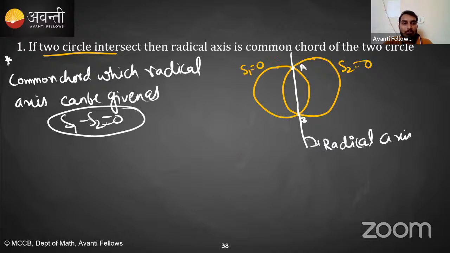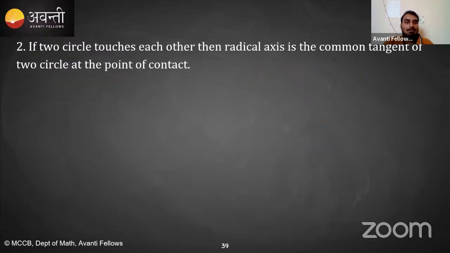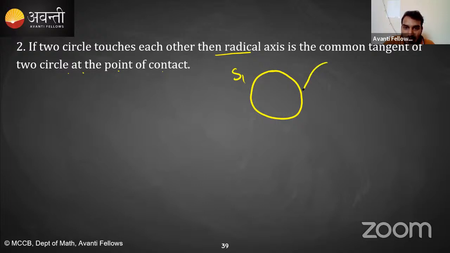But continuing with the properties of the radical axis, the second property is, if two circles touch each other, then the radical axis is the common tangent of the two circles at the point of contact. Means if two circles are touching each other, let's say this is circle S1 and circle S2 is something like this.